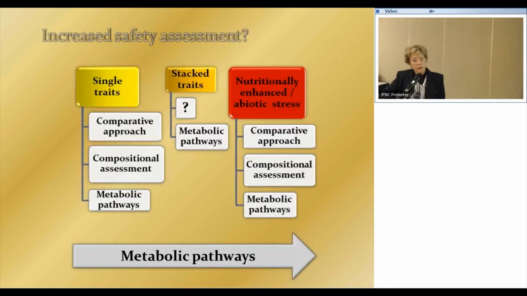So as far as the regulatory part of it, this increased safety assessment will be required. It means more and more information, from the single traits to the stacks and to the nutritional enhancement, and then specifically the abiotic stresses.